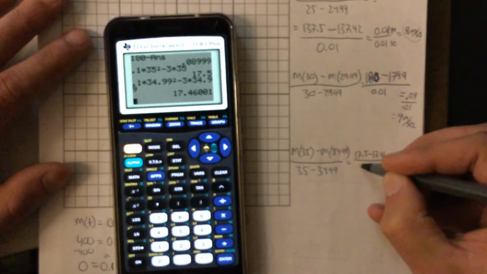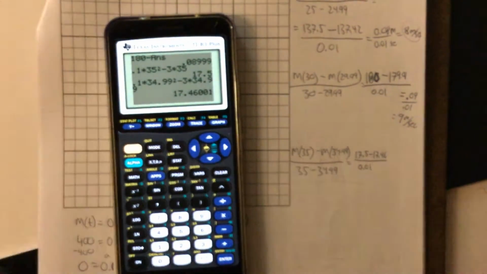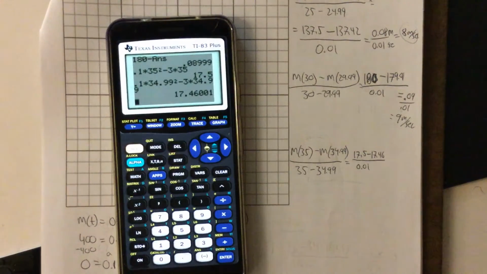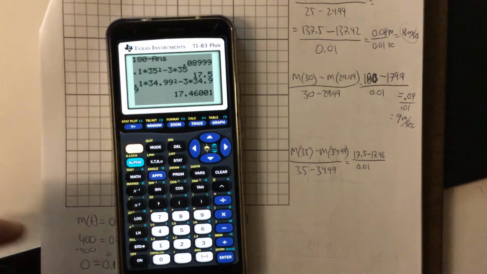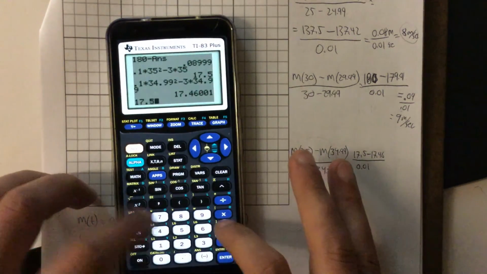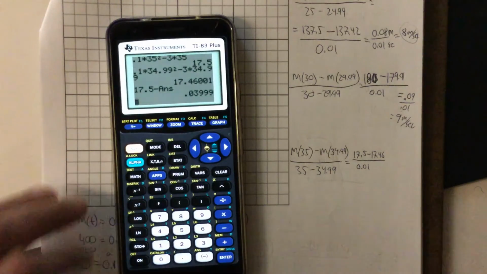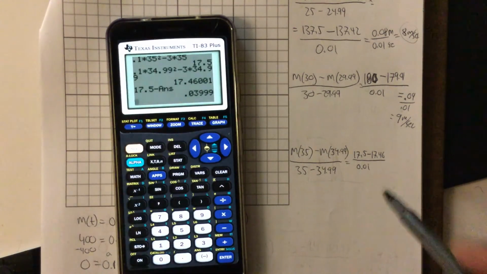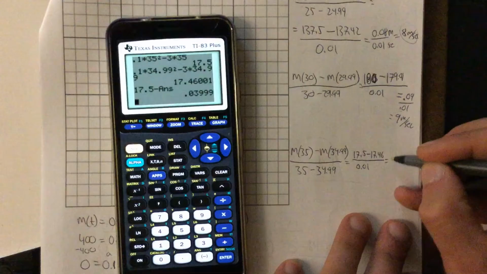Then divided by 0.01. Excuse me. Okay, great. Then if we do 17.5 minus the answer, we're at 0.4.